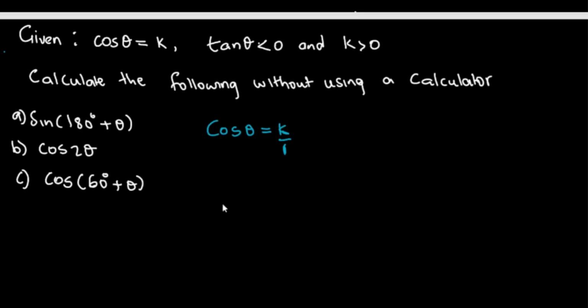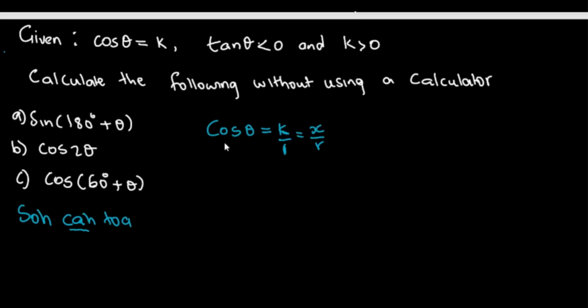And let us use the soccer tool. So I'm just going to put our soccer tool down here. So cos is adjacent over hypotenuse. So if it's adjacent, this will be my x and this will be my r. So we know that x is k, r is 1.